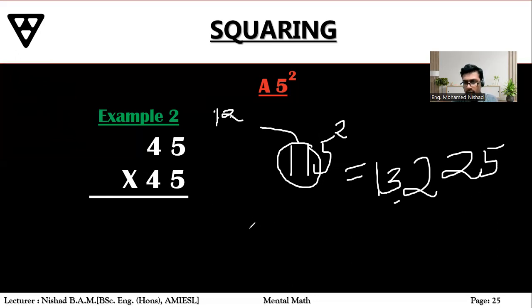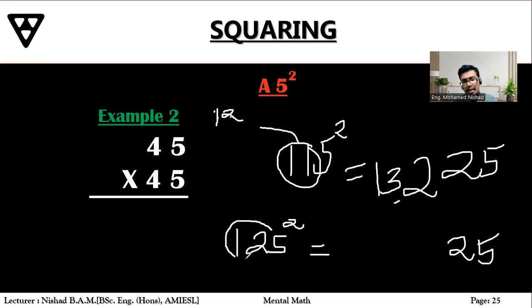Likewise, can you calculate how much it will be for 125 square? Okay, 25 will come over here. And then we know that 12 times 13 will be multiplied. If we are going to multiply those numbers together, that is also very easy. Why? Because we have learned in our previous sessions, right?